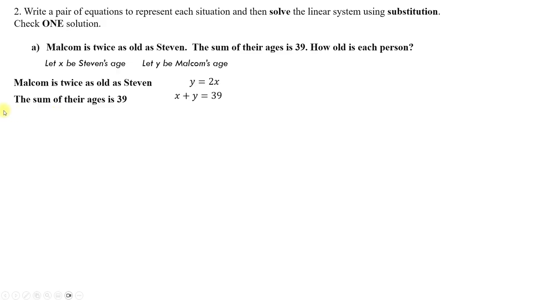So we'll rewrite that second equation in slope-intercept form, and that will be y equals negative x plus 39. We simply take this x here, move it over to the other side where it becomes a negative x, and now we have an equation in slope-intercept form.